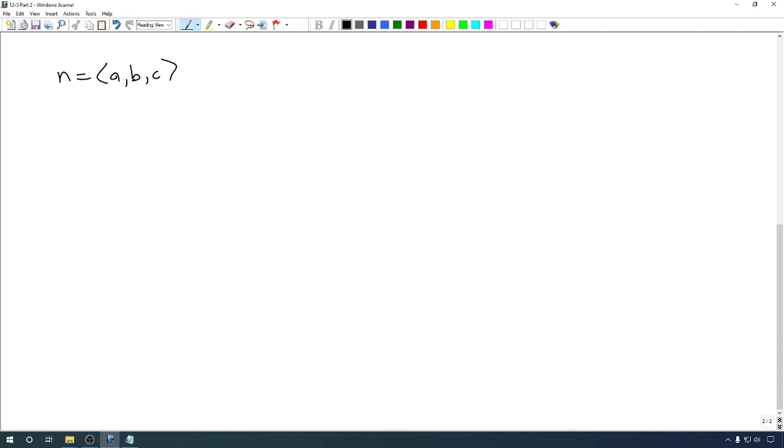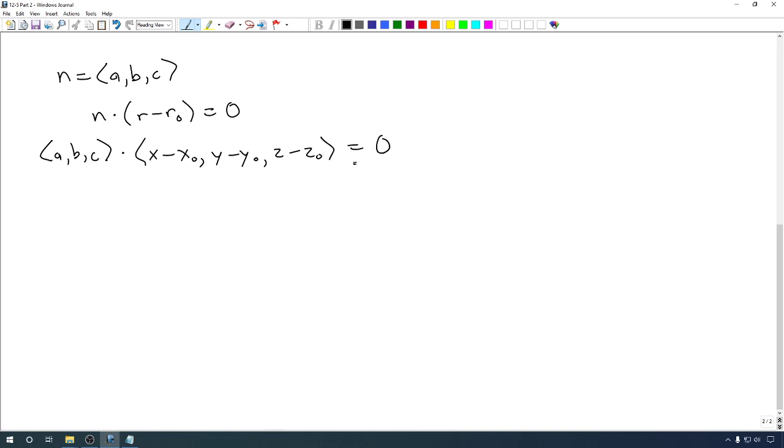And then remember, if we start with n dot product with r minus r naught, and we want that to equal 0, this is ABC dotted with, and in fact I already wrote this out, x minus x naught, y minus y naught, z minus z naught. And we want that dot product to equal 0.